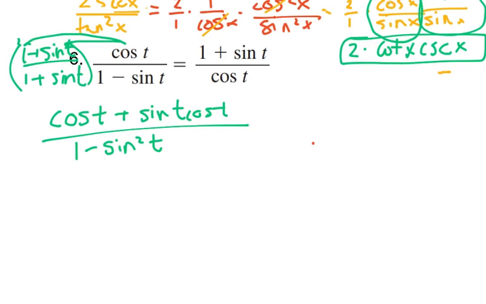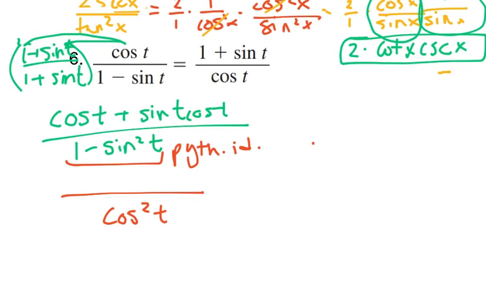And then 1 minus sine squared t by the Pythagorean identity is cosine squared t.